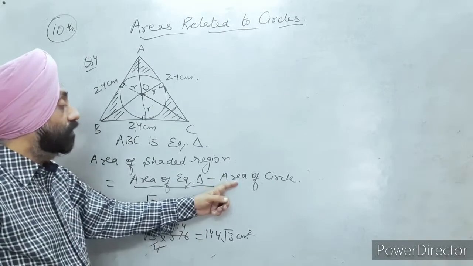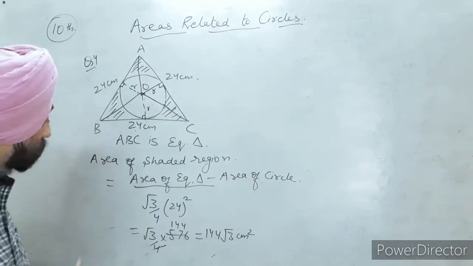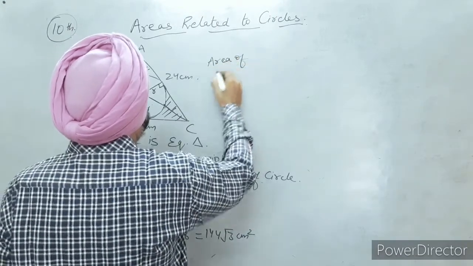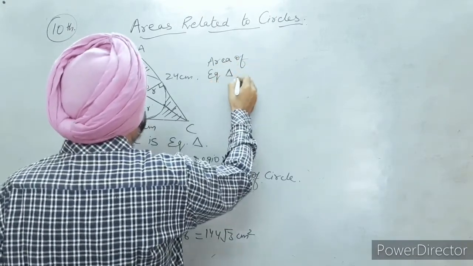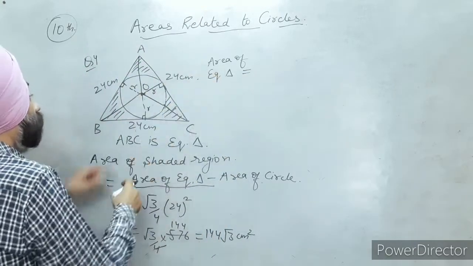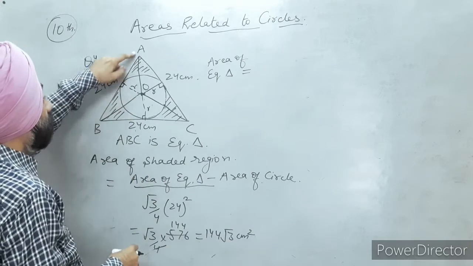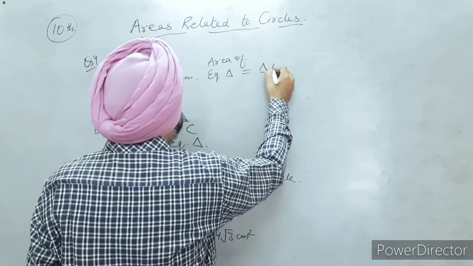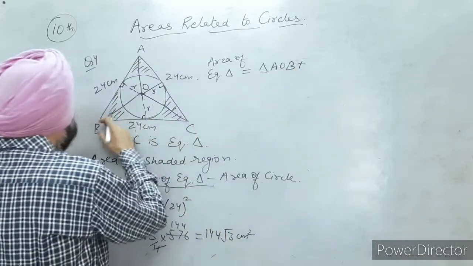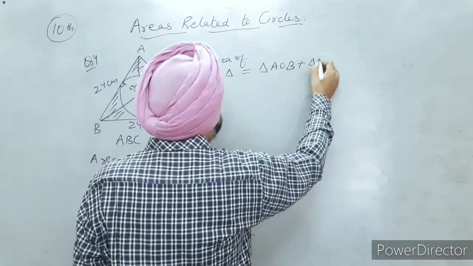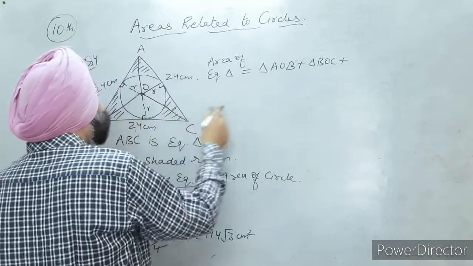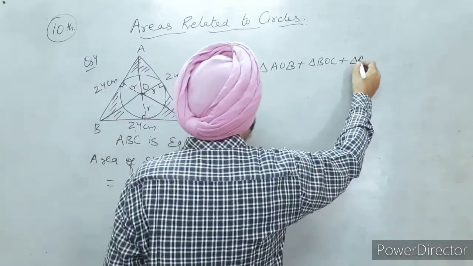Now, how to find the area of the circle? The equilateral triangle, we will break this area into 3 triangles. Area of triangle AOB plus BOC plus AOC.